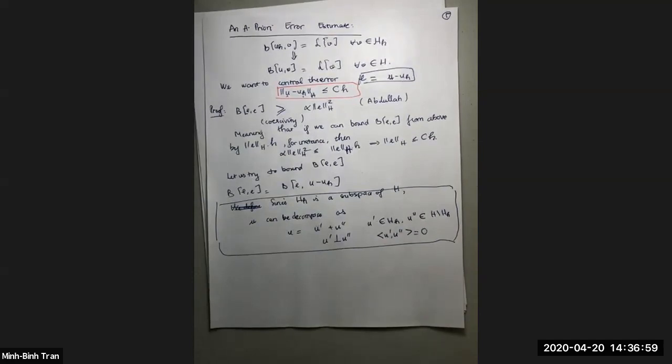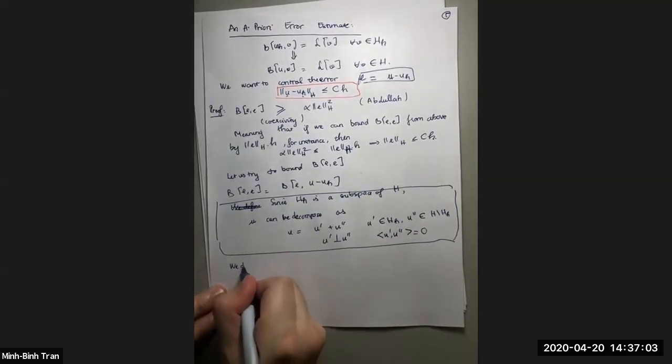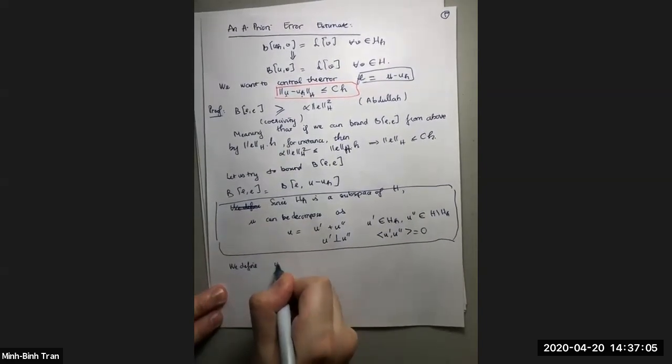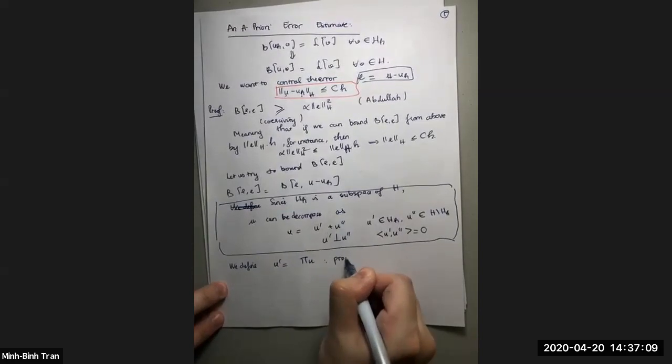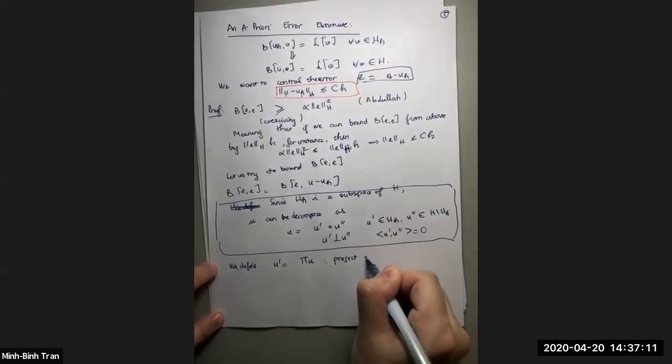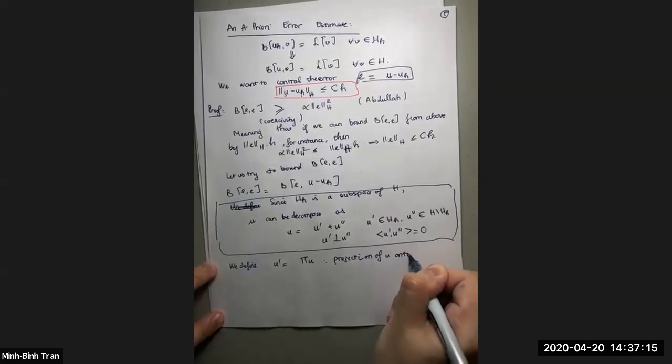Is it clear? So in this case, we define U prime to be pi of U, which is the projection of U onto HS.